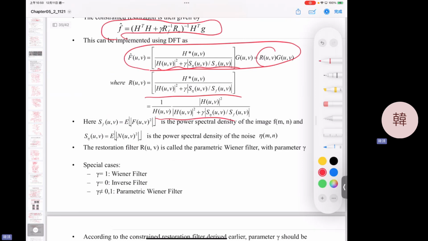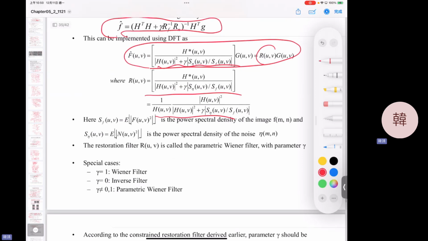And what's the result? If gamma equal to 1, it's defined as a Wiener filter. You just replace all this with the noise to signal ratio, and it's called the Wiener filter, gamma equal to 1. Again, if the coefficient gamma equal to 0, this term disappears and is cancelled out. It becomes 1 divided by H(u,v) again, so it becomes the inverse filter.